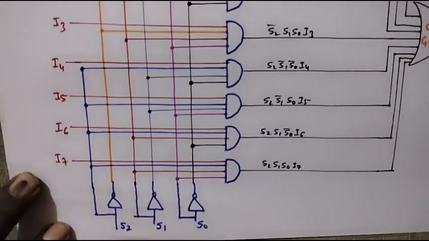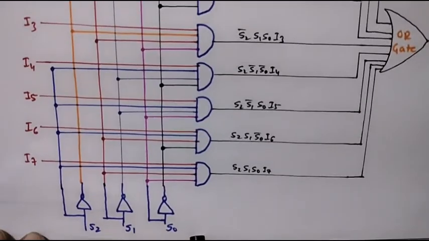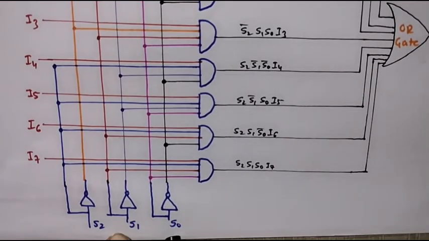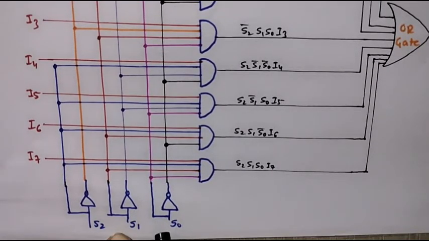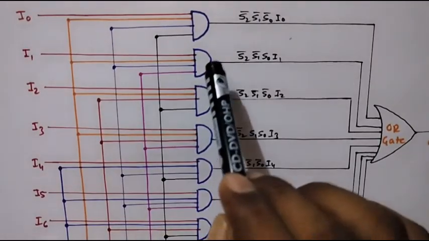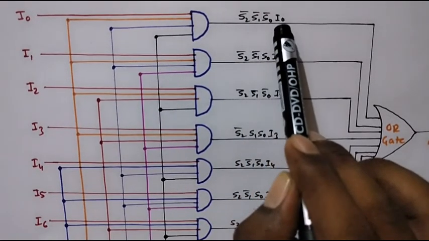The select lines are S2, S1 and S0. As we know, as per the Boolean expression, we need S0 as well as S0 bar, S1, S1 bar, S2 and S2 bar. The select inputs are connected to particular AND gate according to Boolean expression. For example, the first term in the Boolean expression is S2 bar, S1 bar, S0 bar and I0.